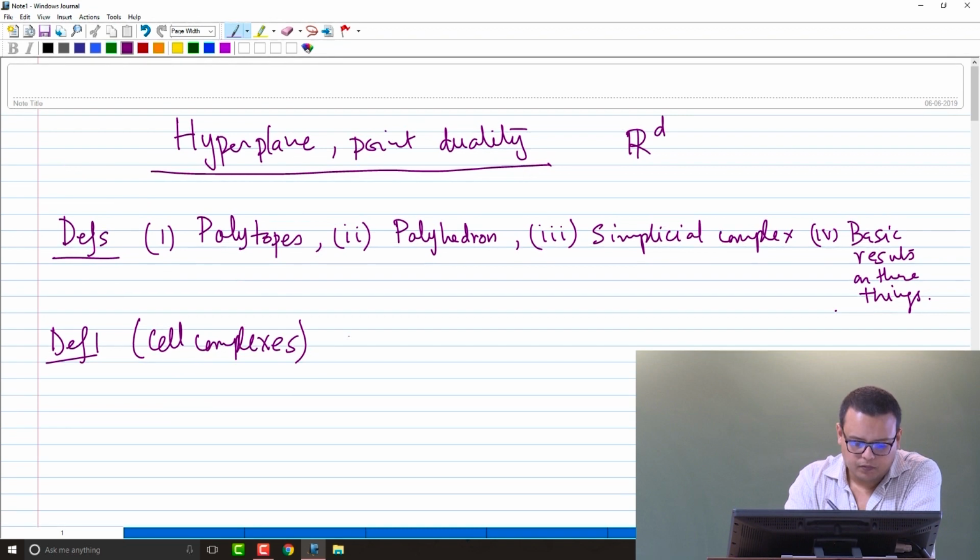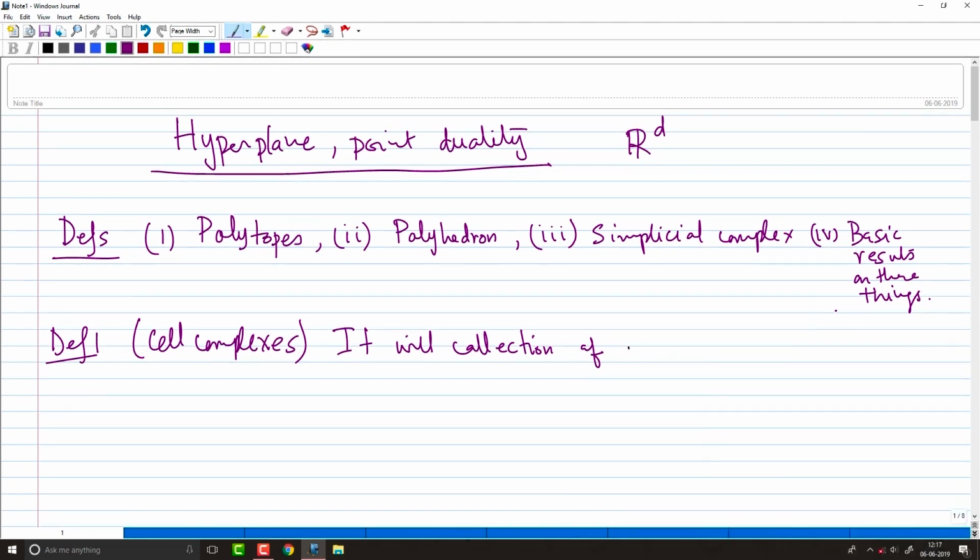It will be a collection of polyhedra in RD satisfying the following properties. The properties will be very similar to the simplicial complex construct.